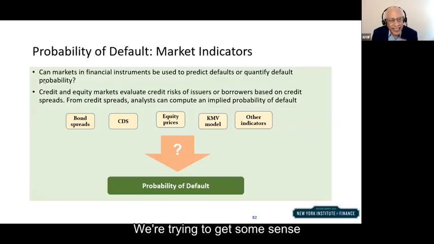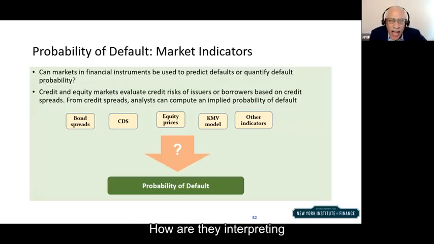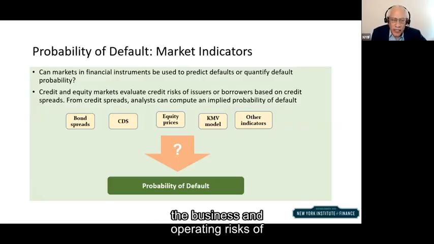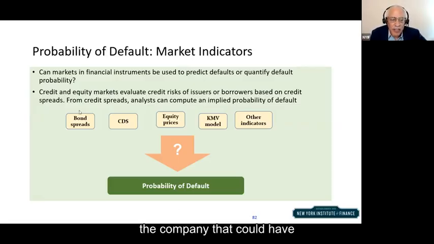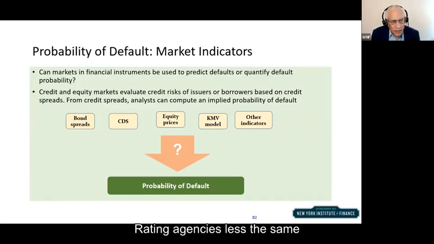So we're trying to get some sense of what it is that they perceive. How are they interpreting the business and operating risks of the company that could have impact on the changing probability of default?